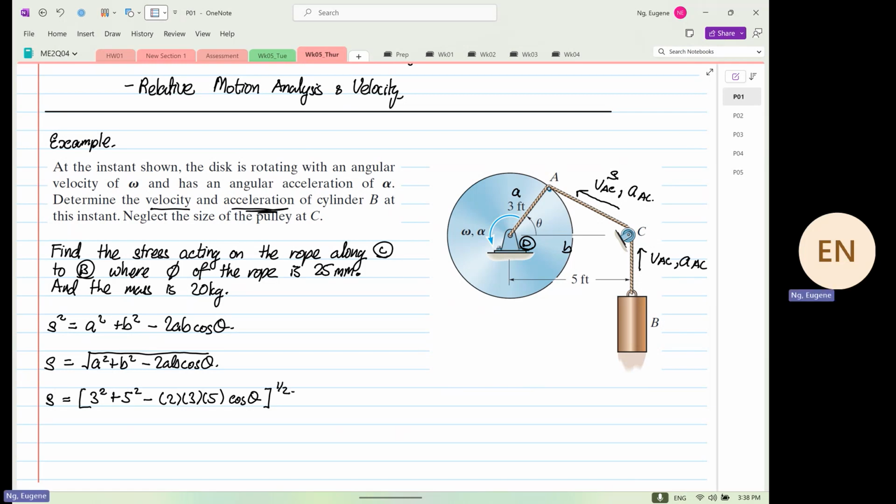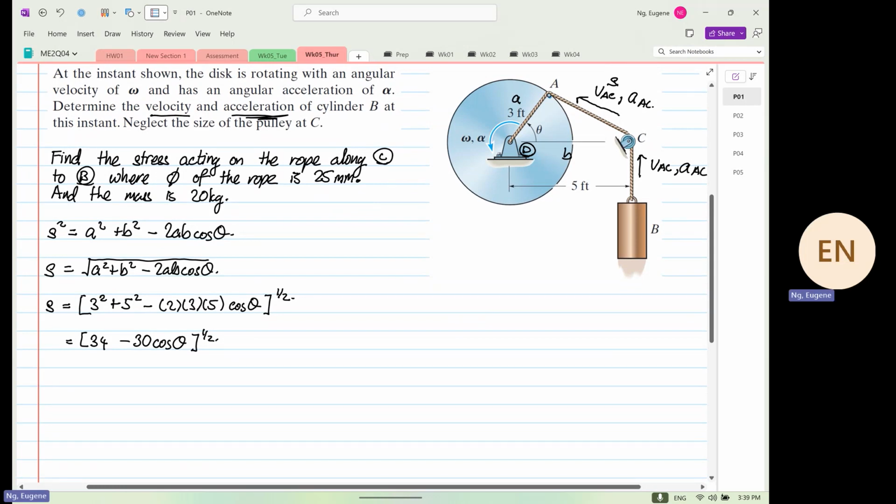Okay, so 3 squared plus 5 squared equal to 34, minus 2 times 3 times 5, 30, cos theta, power by half.